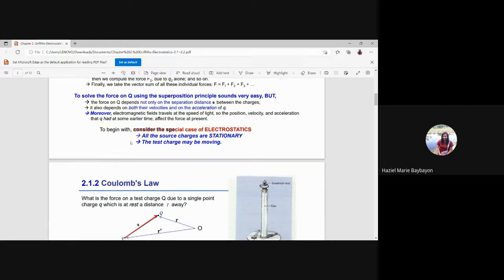So to begin with, we will consider a special case, which is electrostatics, wherein we take all the source charges as stationary, and the test charge can be moving. So in electrostatics, we consider all the source charges to be stationary or immovable.